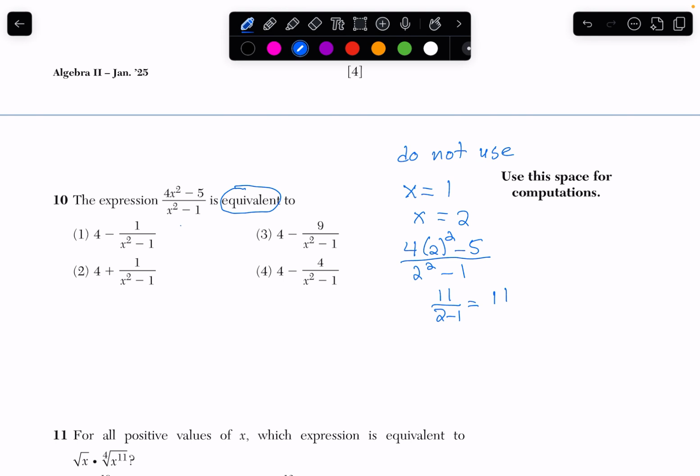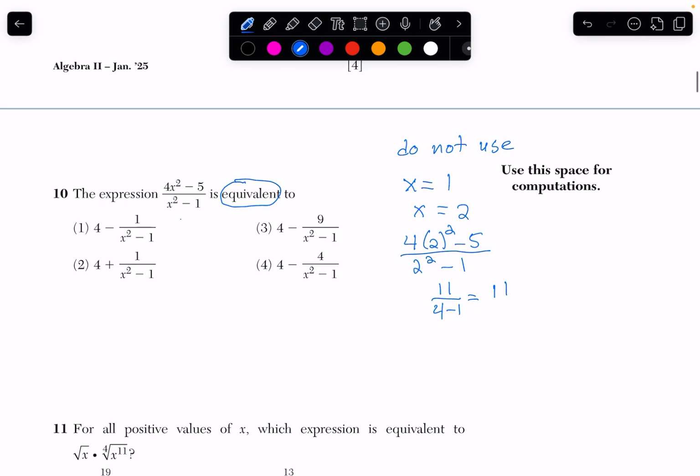Oh, I'm sorry. This is 2 squared. This should have been 4, right? So this is 11 over 3.